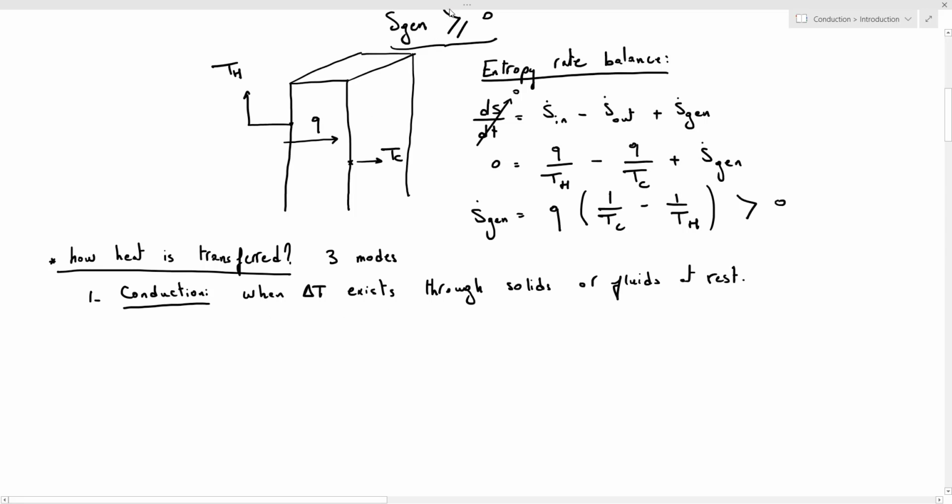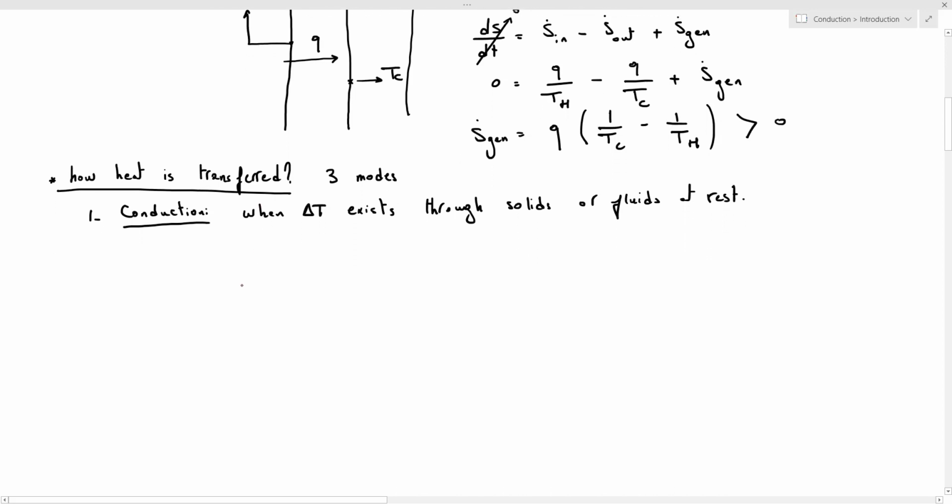For example, to understand conduction, let's take a metal rod and heat this metal rod at one end using any heat source. We have the temperature at this end equal to T1, and let's measure the temperature at the opposite end, which we call T2.